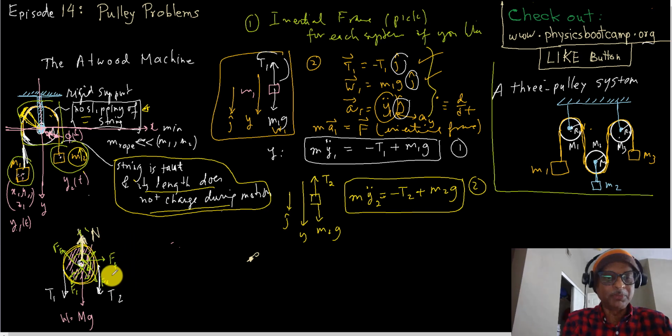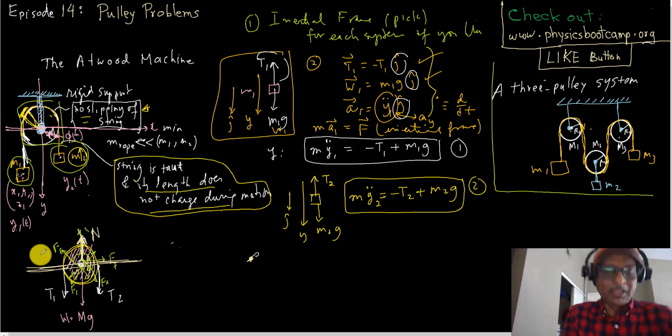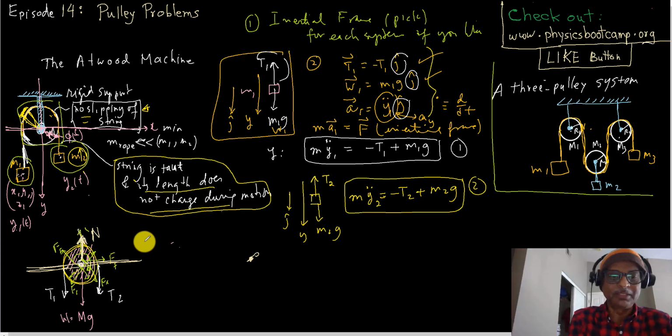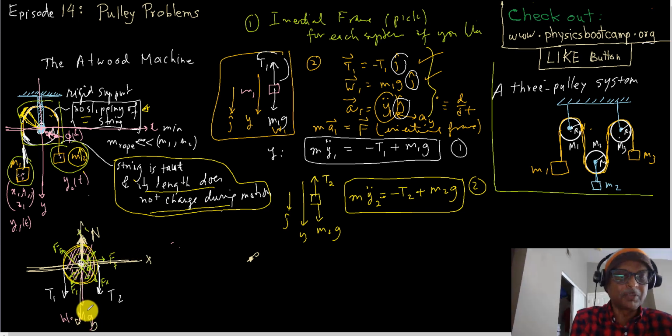These frictions and the normals must all cancel out in the horizontal component, so we don't really need to worry about it. It must cancel out because there's no acceleration that way. So this is the x direction and this is the y direction.